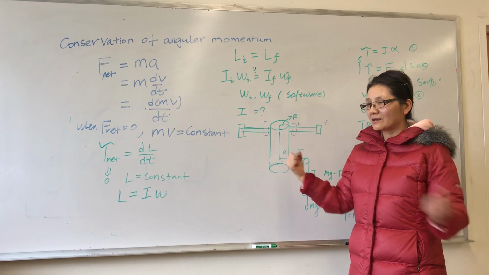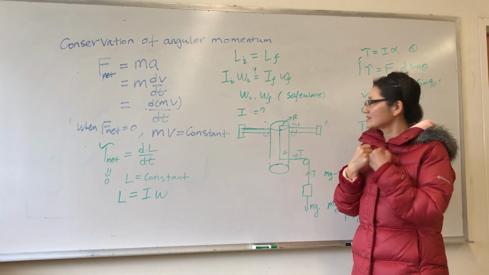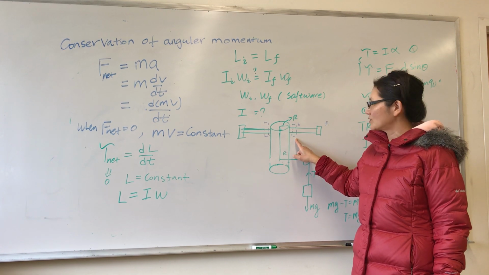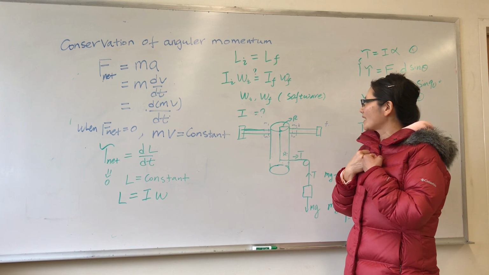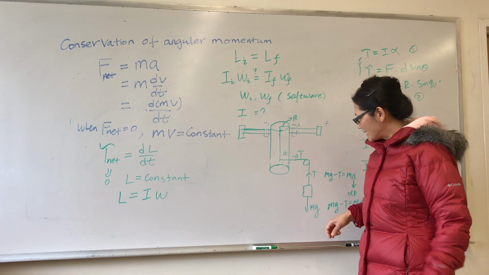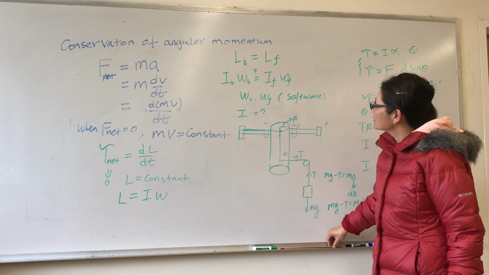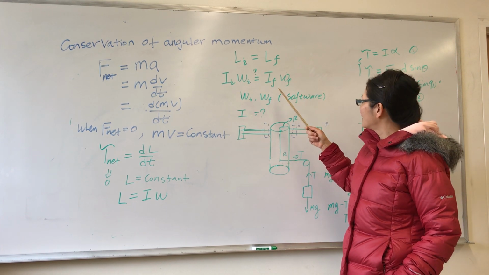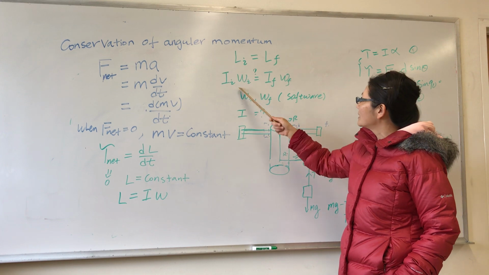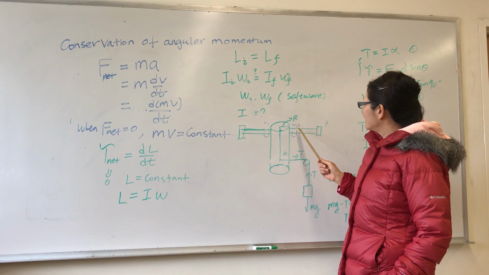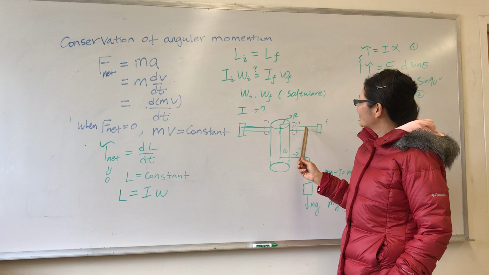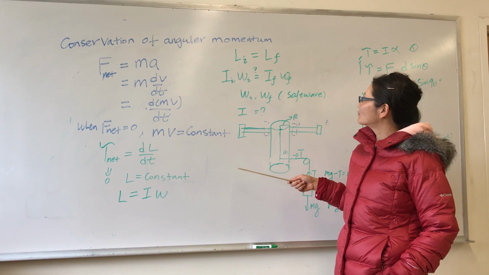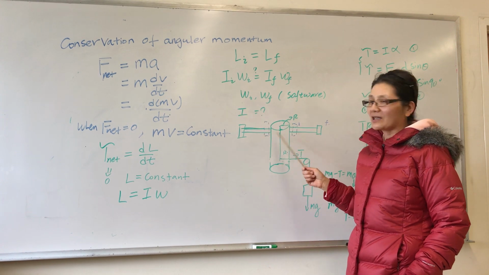When the ice skater closes the arms to the chest, we call it the initial position. You know that when the ice skater closes the arms to the chest, they spin faster, right? Because they reduce the moment of inertia, and that's why they spin faster.